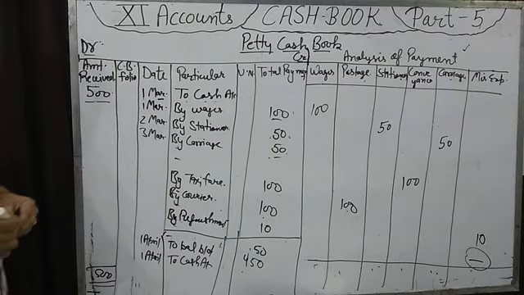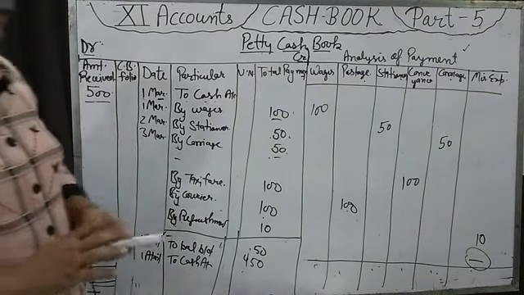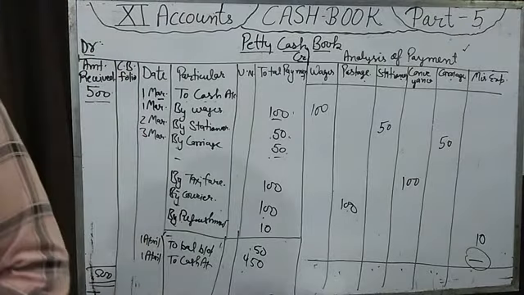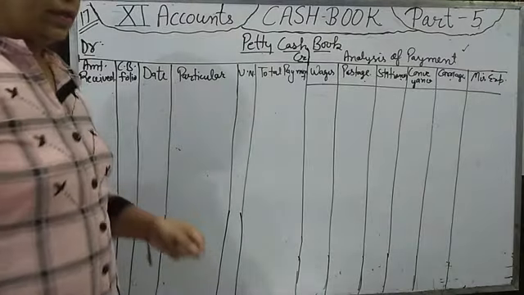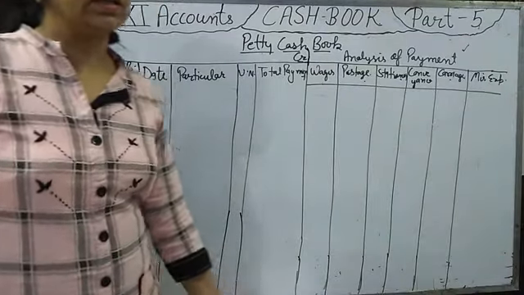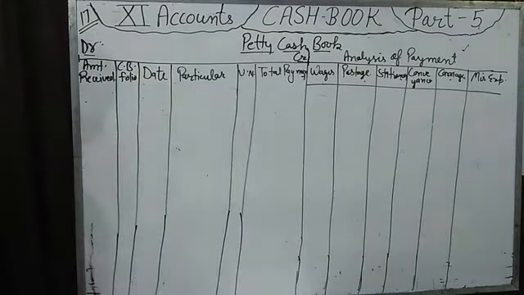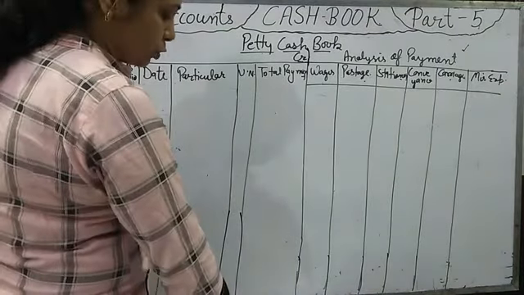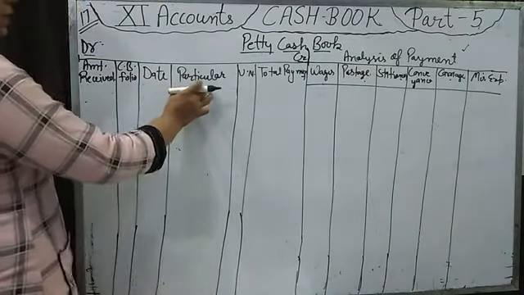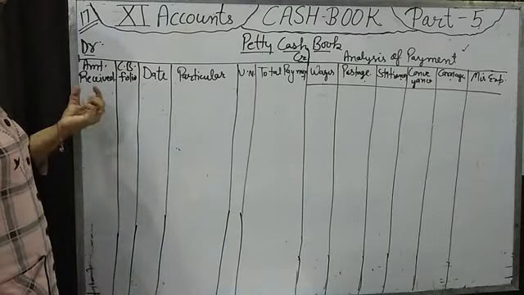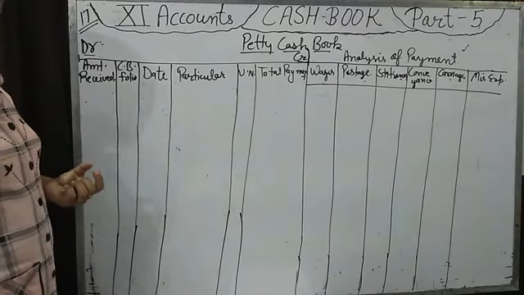Okay, so let's do one question related to the petty cash book. So students, open your book. We will do the 17th illustration of petty cash book. Prepare a petty cash book from the following transactions. The imprest amount, that amount received at the start of the month, is known as the imprest amount.